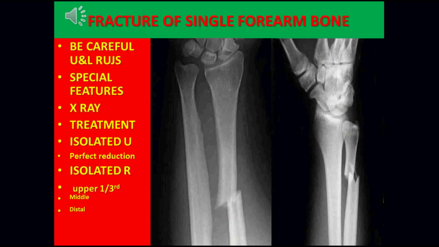Fracture of a single forearm bone. Usually a fracture of a single bone, either radius or ulna, in the forearm is uncommon because it is usually associated with injury of the upper or lower radio-ulnar joints, because the intact bone will produce that injury.